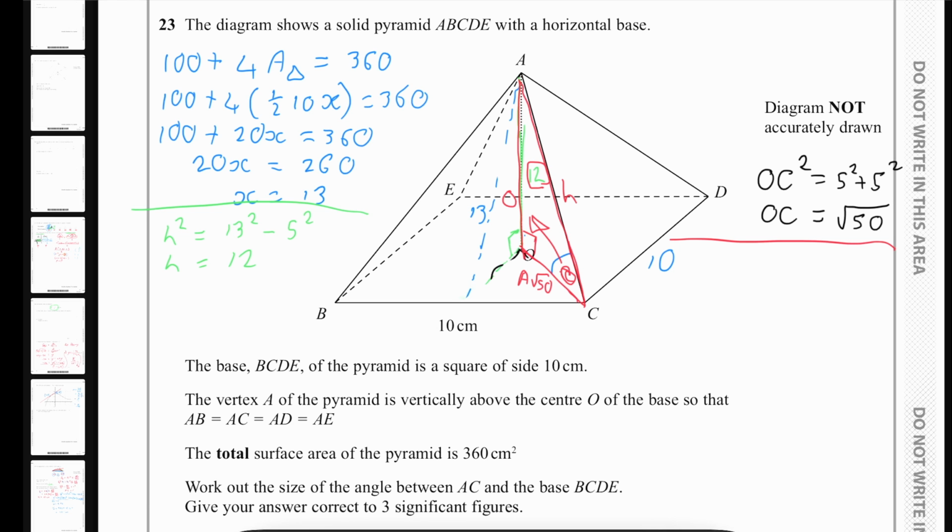We can use SOHCAHTOA for this because we need to convert from sides to angles. Because I'm going to be using opposite and adjacent, that means I'm going to be using tan, opposite over adjacent. So we've got 12 over the square root of 50, and then I use shift tan to find out that final answer of 59.5.